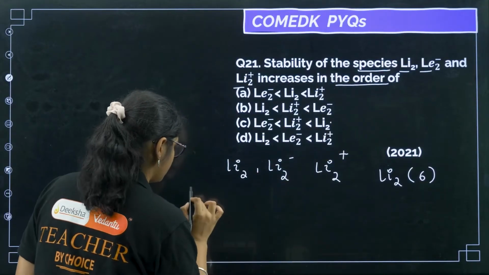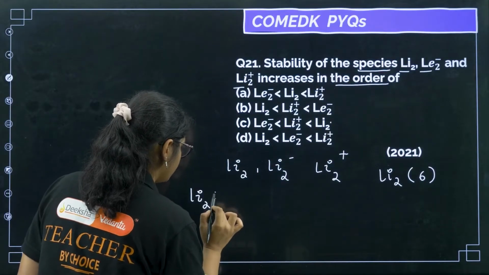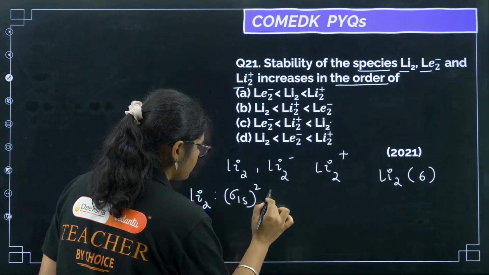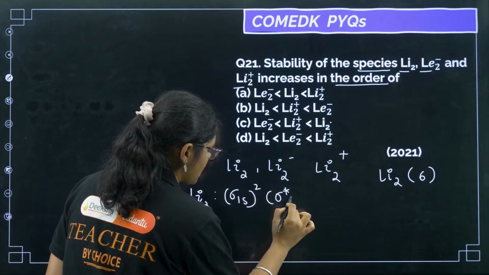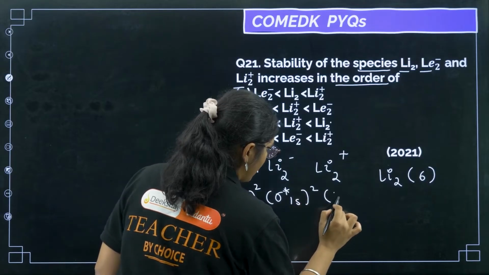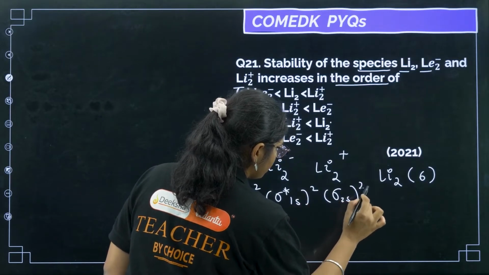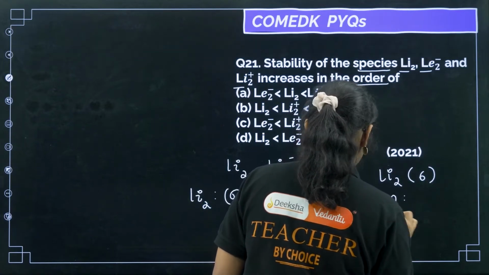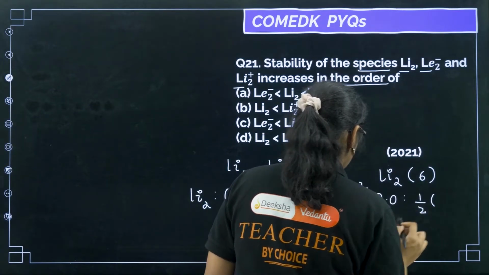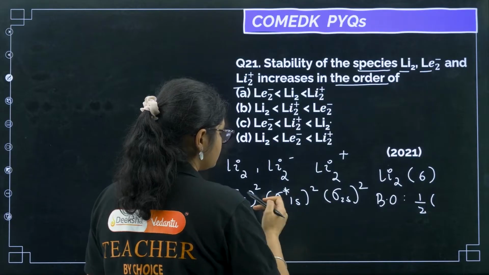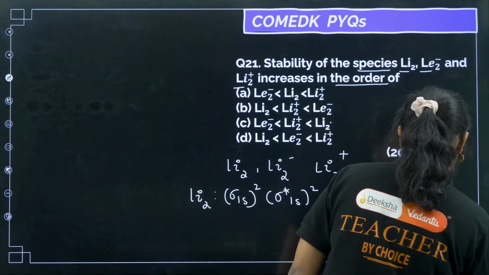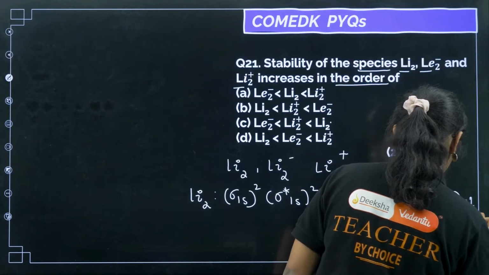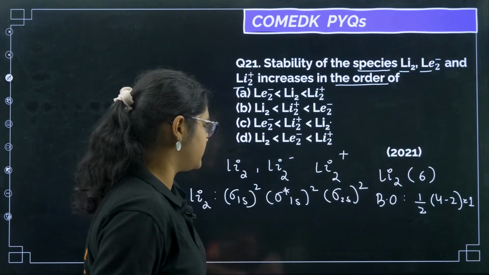So we can just write down the configuration: 6 electrons, so we have sigma 1s2, sigma star 1s2 and sigma 2s2. Now what is the bond order formula? Bond order is half into the number of bonding electrons, 2 plus 2 is 4, minus 2, so that is 1. So I got Li2 bond order as 1.